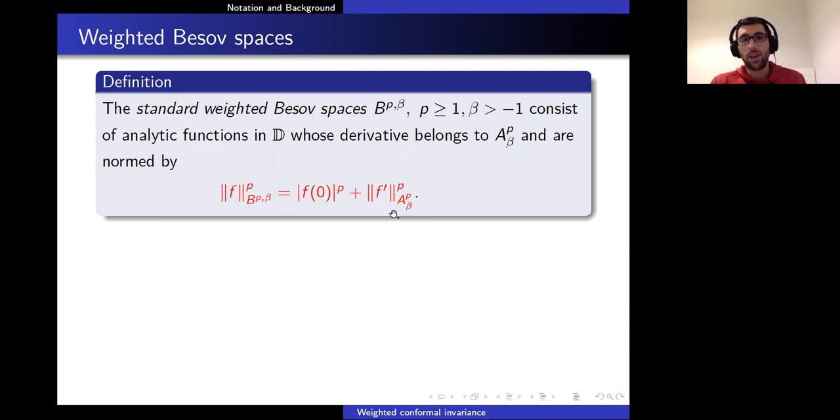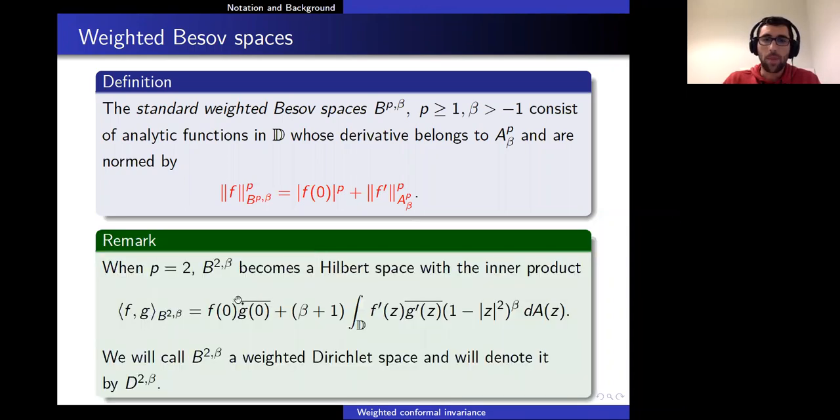These weighted Besov spaces are also called weighted Dirichlet spaces, but we only use this terminology for the Hilbert case. I mean, when p is equal to 2, as in the previous spaces, B^2_β becomes a Hilbert space with this scalar product. So in this case, we will call B^2_β a weighted Dirichlet space, and we will denote it by D^2_β.